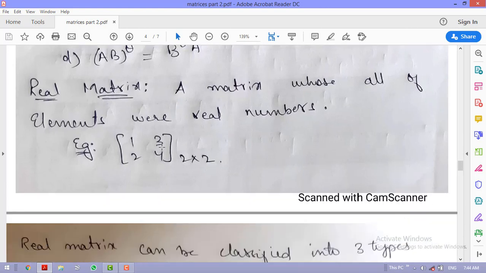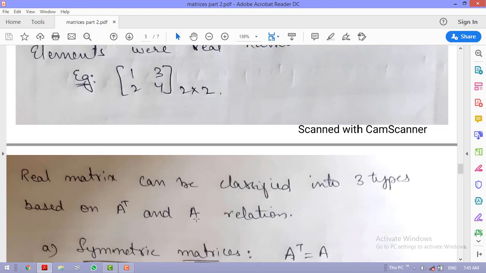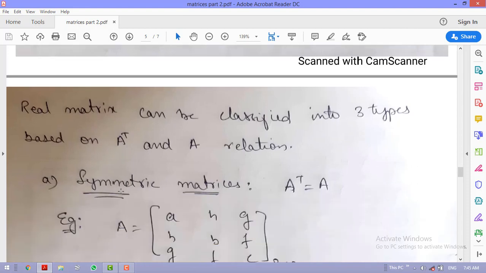Now, how is this real matrix classified? A real matrix can be classified into three types based on the relation between A transpose and A. If the transpose of matrix A and A have some relation, then based on that the real matrix is classified into three types.